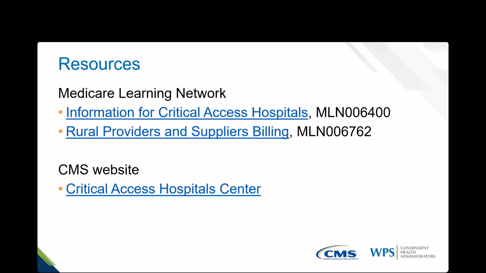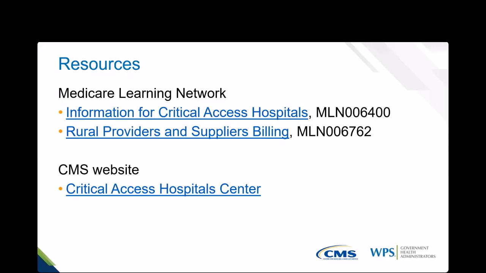The second one, Rural Providers and Suppliers Billing. This is a unique booklet that offers billing information and resources not only for critical access hospitals, but also rural health clinics, federally qualified health centers, we call those FQHCs, home health agencies, skilled nursing facilities, any type of rural provider.